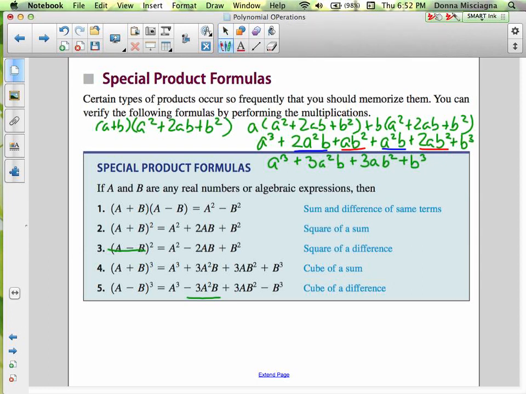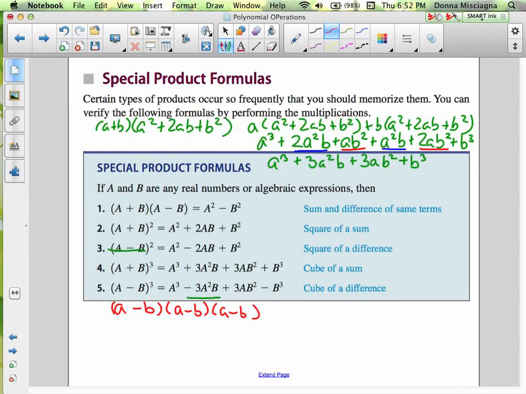If I have (a minus b) times (a minus b) times (a minus b), remember this part here would be a square of a difference. So this would be (a minus b) times (a squared minus 2ab plus b squared).